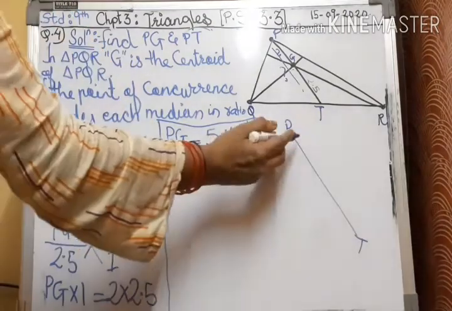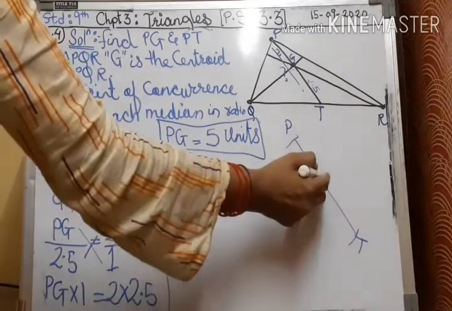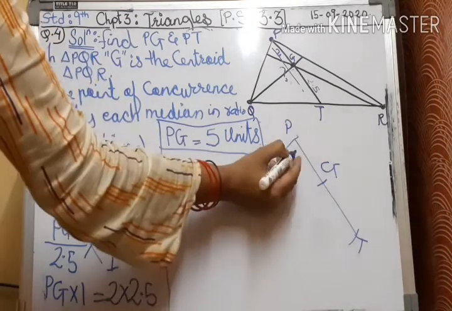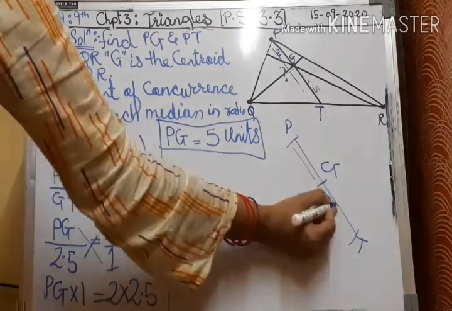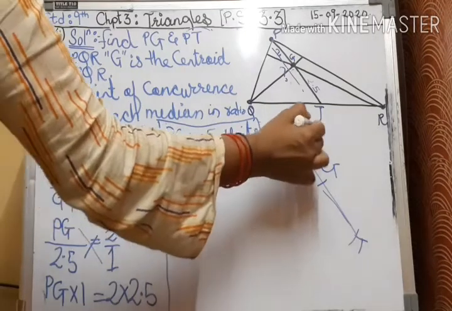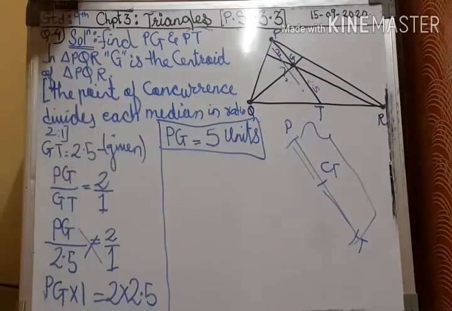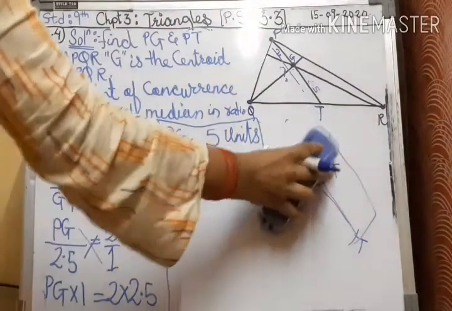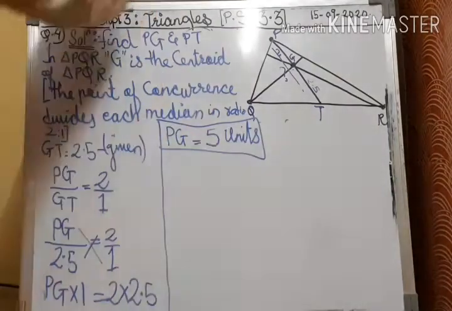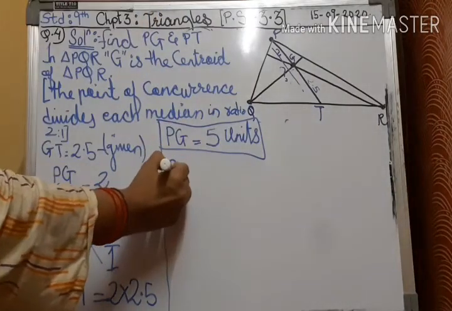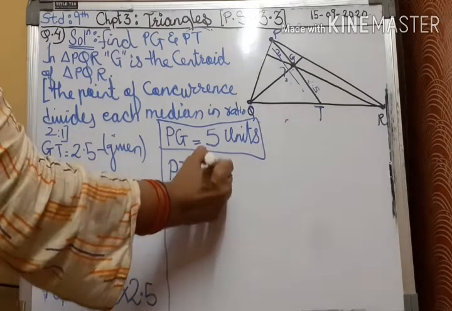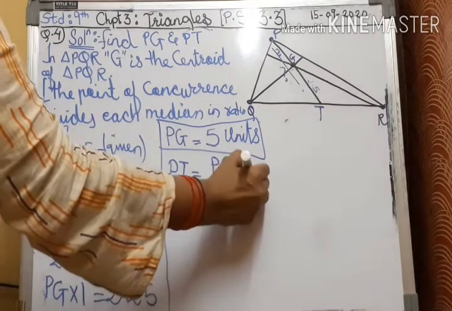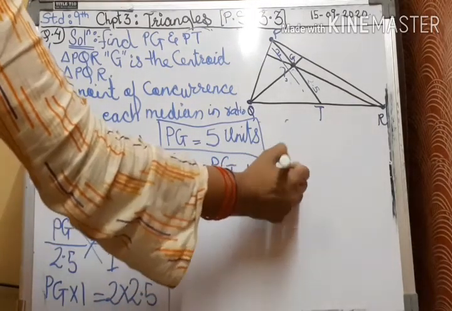PT. So in PT, here G is there. So if we add up PG and GT, then we have the value of PT. PT equals PG plus GT.